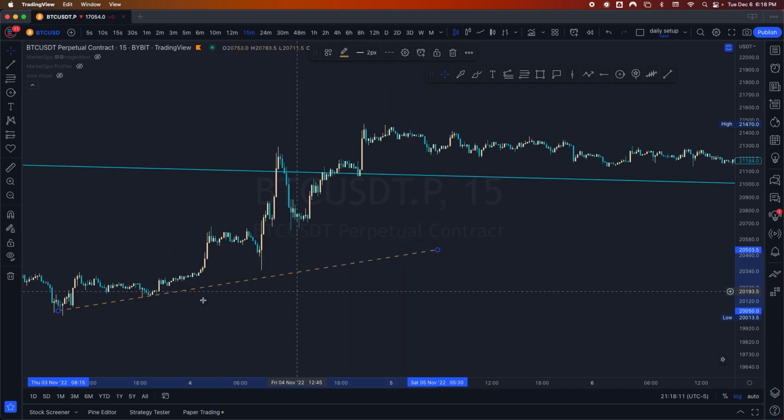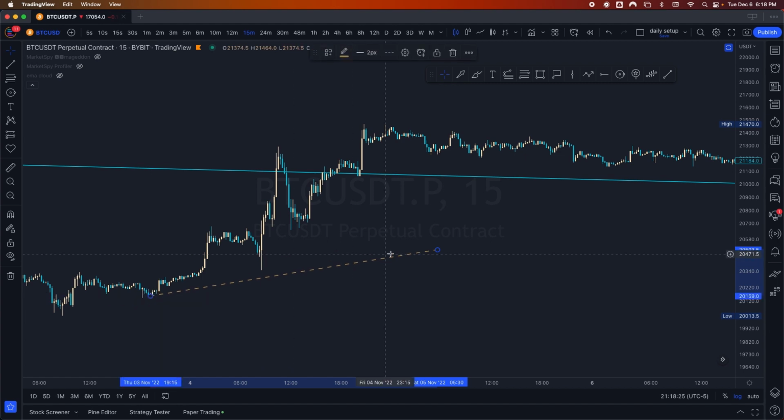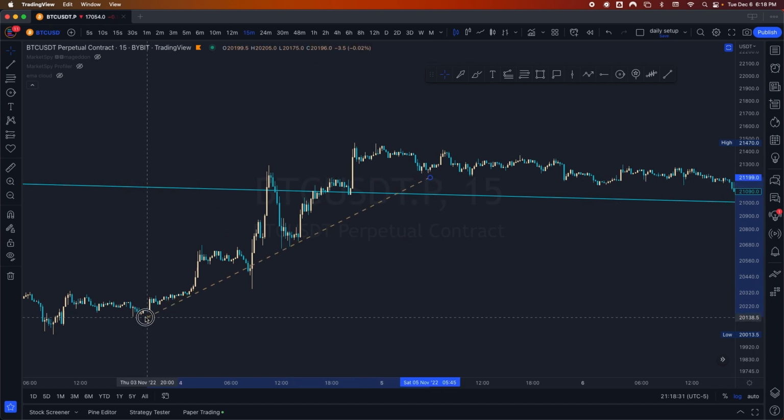For example, does this trend line make sense? Yeah, I mean, it's there, but does it do anything for you? No, it doesn't. You didn't get this trade. Price is so far away, it's not reacting. So now let's grab a new point. How about this here?